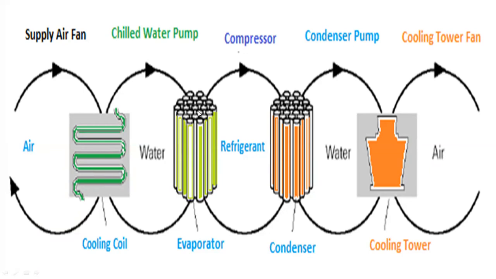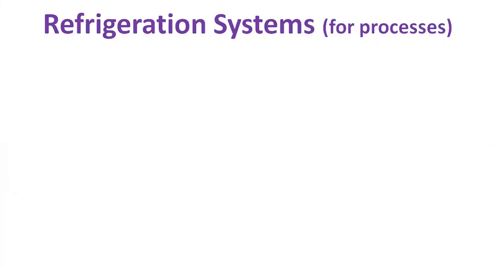It is taking the heat in the evaporator and giving it away in the condenser. Through the condenser we give the heat to the water, which in turn in the cooling tower is given off to the air. That's exactly what happens in the refrigeration system.